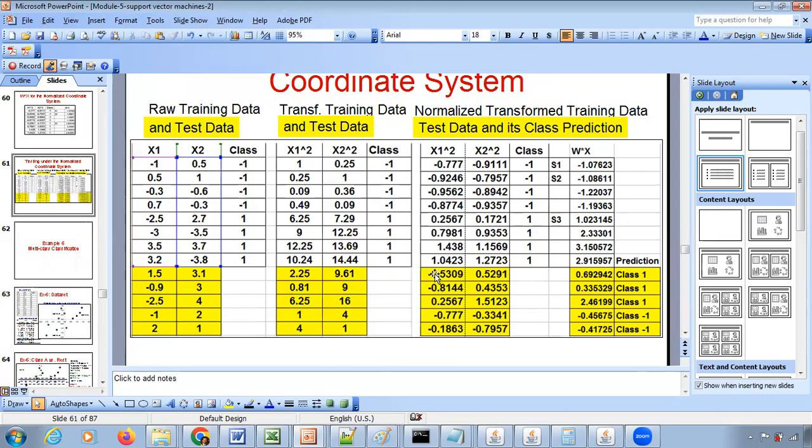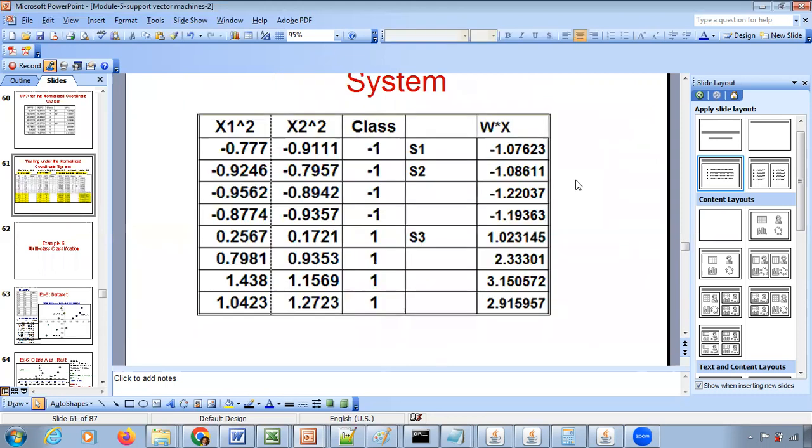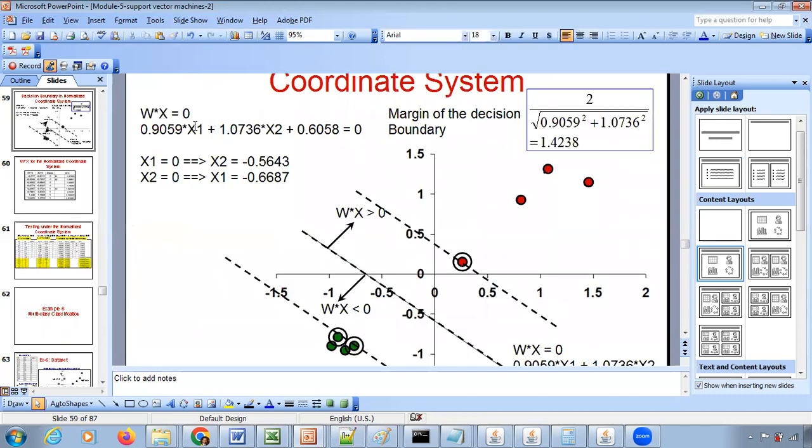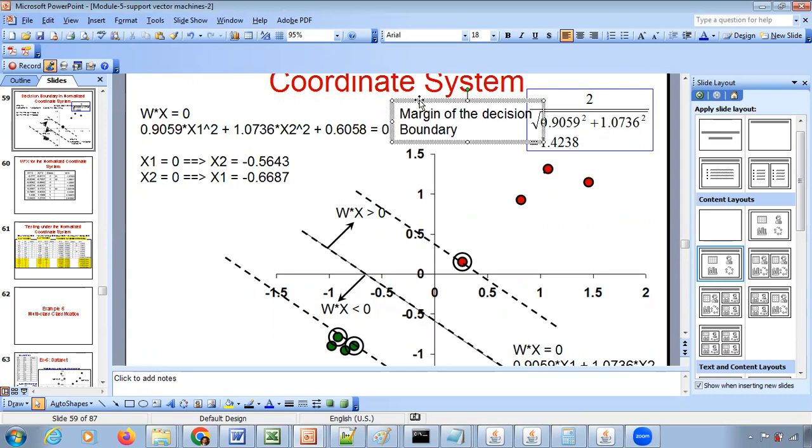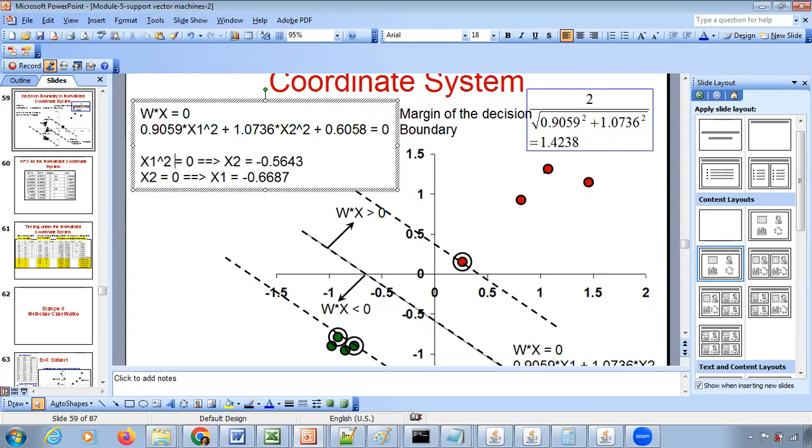And then this is x1 square, x2 square, and the w here. Actually, I should have put x1 square here because we're dealing with x1 square and x2 square in this data set.